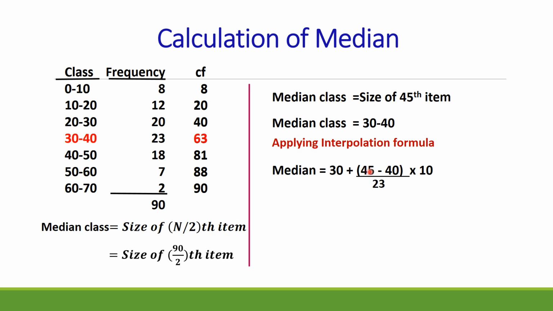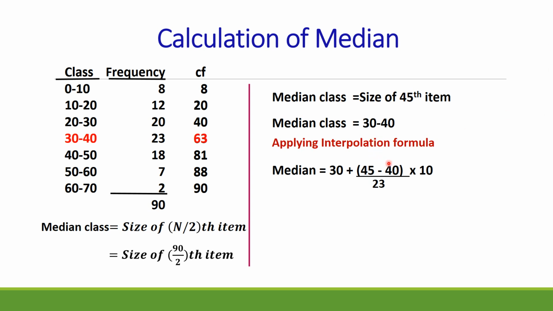Minus Cf, that is the cumulative frequency just before the median class. The median class here is 30 to 40 and its cumulative frequency is 63, and we can see that the cumulative frequency before that of the median class is 40, and so that is applied in the formula.